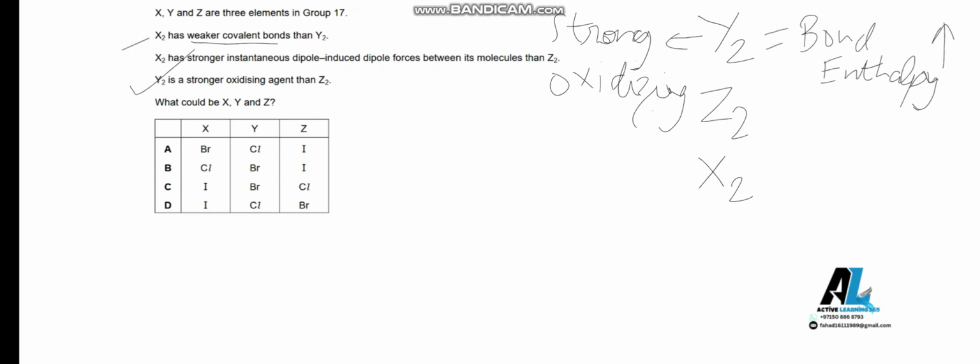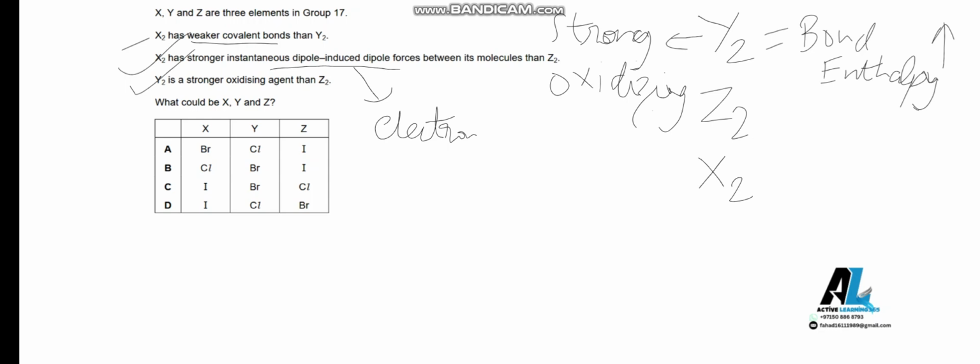The second statement is saying X2 has stronger instantaneous dipole-induced dipole forces. We know that instantaneous dipole-induced dipole force depends on the number of electrons. So which one has a higher proton number? It's saying that X2 has stronger forces.